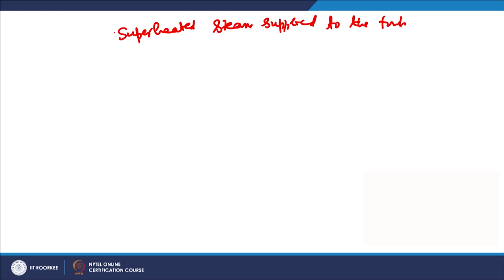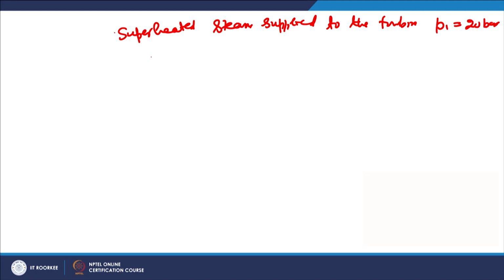Now here the superheated steam supplied to the turbine at pressure P1 is equal to 20 bar.